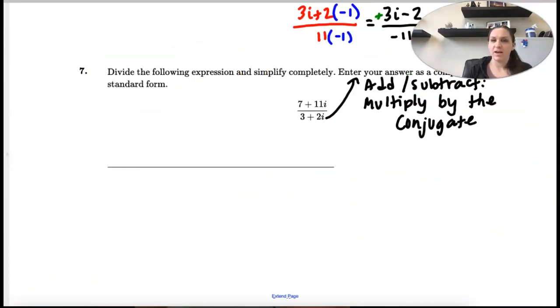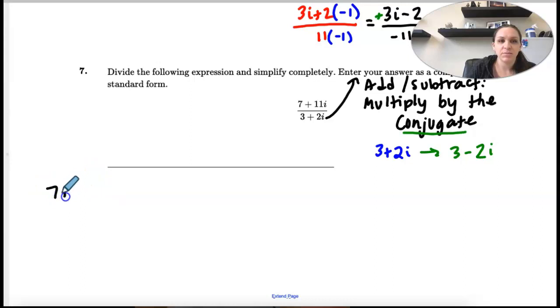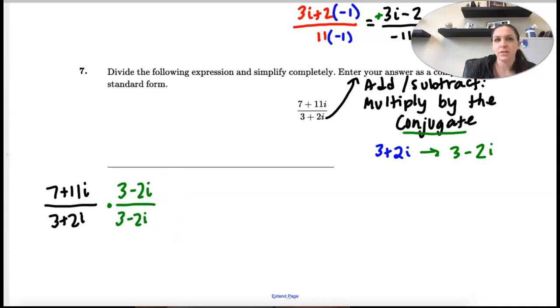So if I have 3 plus 2i, the conjugate is 3 minus 2i. So I'm going to rewrite what we have here. We have 7 plus 11i divided by 3 plus 2i, and I'm going to multiply both the numerator and the denominator by the conjugate.